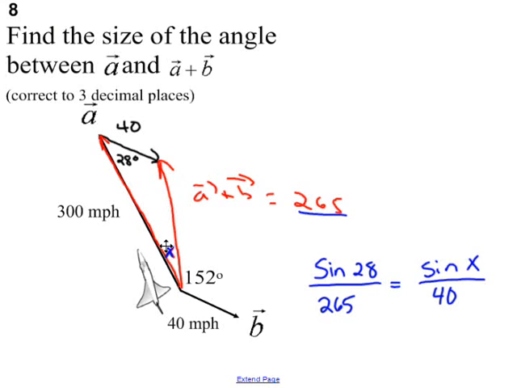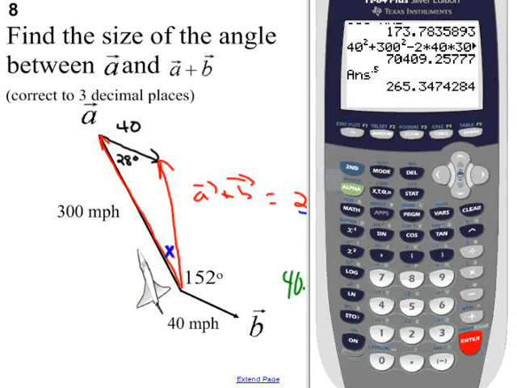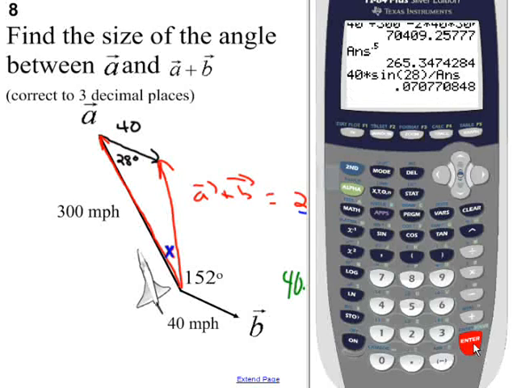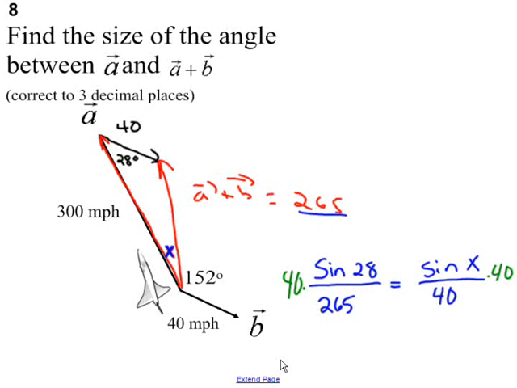All right, and then I go through here and I multiply both sides by 40. Type that into my calculator. So I'm going to do 40 times sine of 28 divided by this answer, the 265. Hit enter and I get 0.071 equals sine of x.